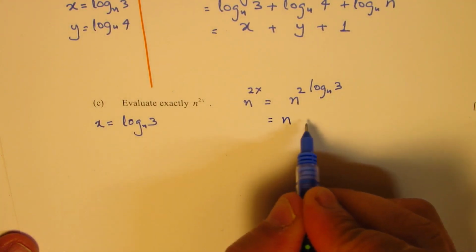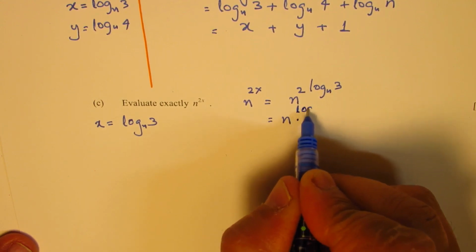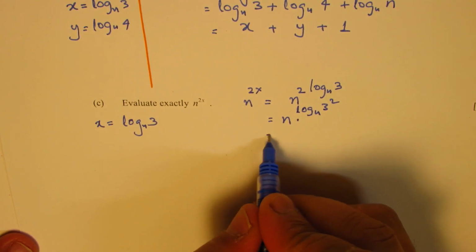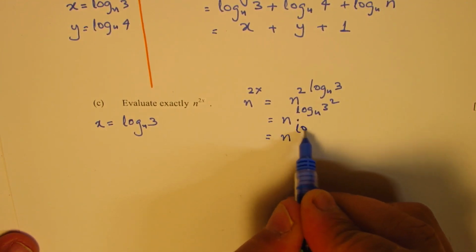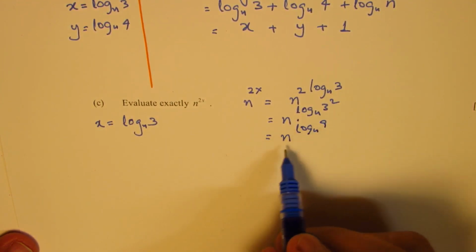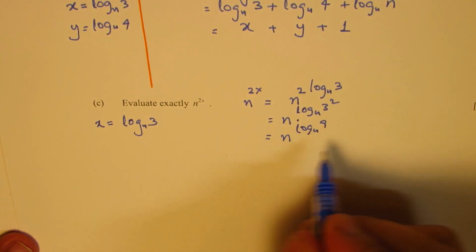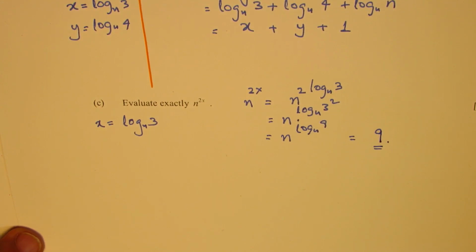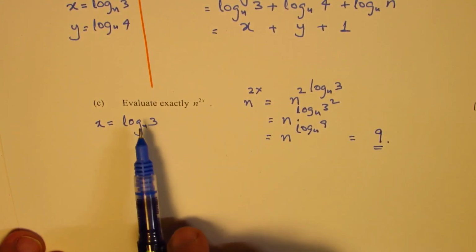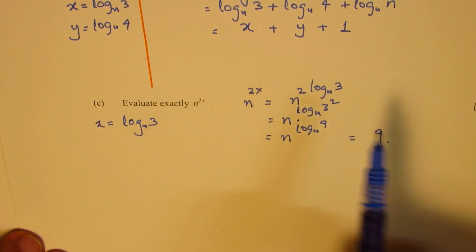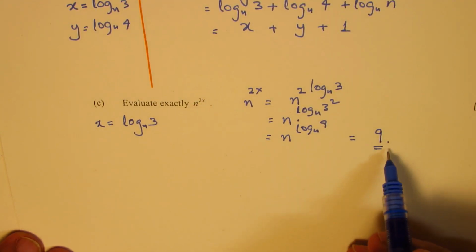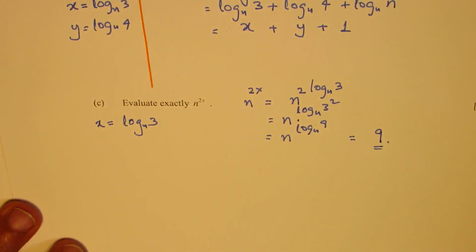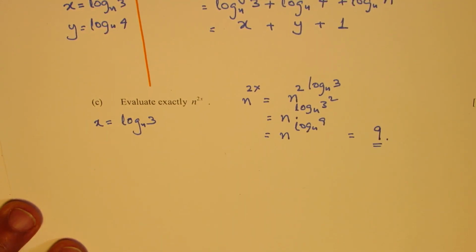Now that is n to the power of log to the base n of 3 squared, and this can be written as n to the power of log to the base n of 9. Now n to the power of log to the base n of 9 is equal to 9, using the rules. So the exact value of n to the power of 2x is 9. That is how we are going to solve this particular question.